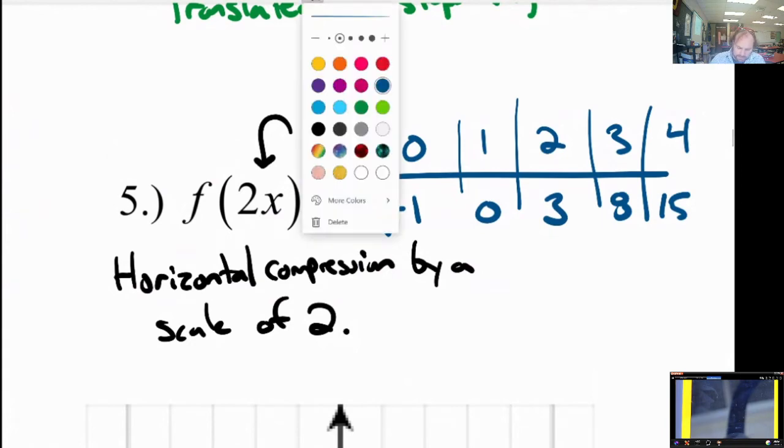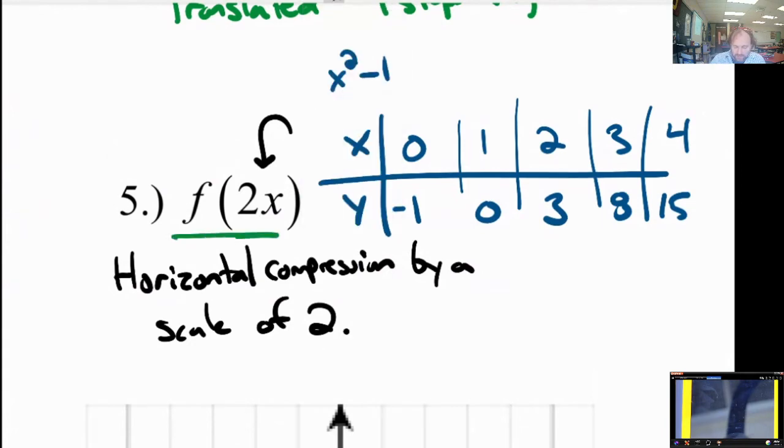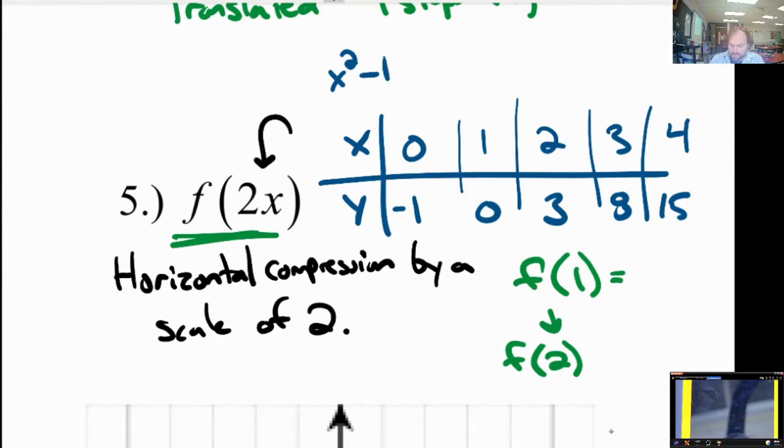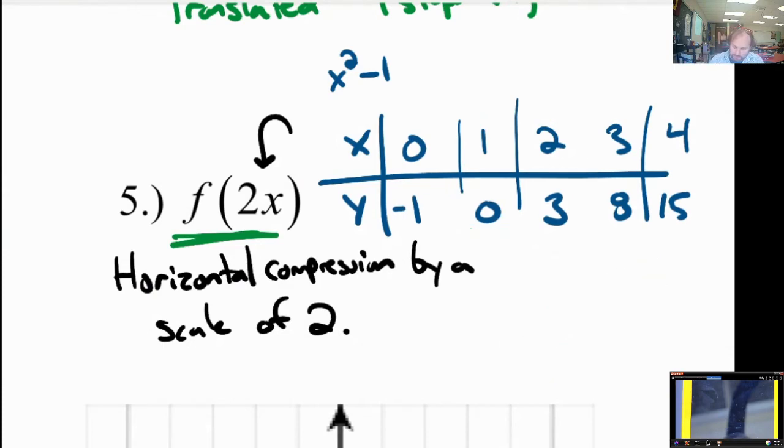Here's the thing. If we try to run this function, if I say, hey, what's f of 1, it actually becomes f of 2. And so f of 1, instead of giving me the value for 1, gives me 3, because I go to the next point over. So what this does is it causes the 3 to happen not when x is 2, but when x is 1 instead. And this only gets worse and worse as you go. If I try to say, hey, what's f of 2?